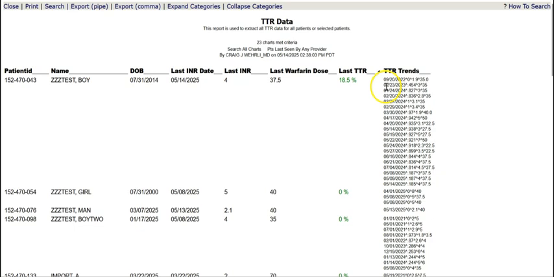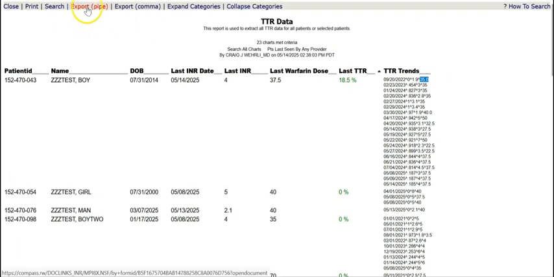In this case, in September 22, patient had an INR 0, had a TTR of 0 with an INR 1.9 and a warfarin dose of 35.